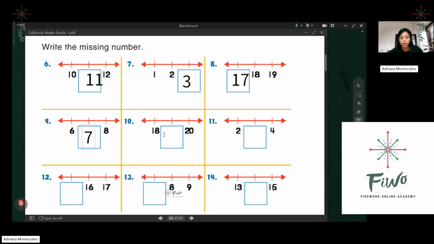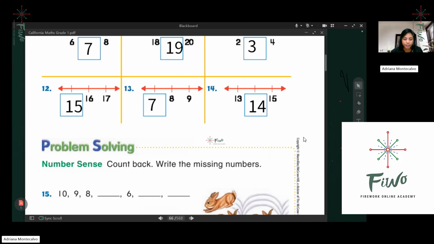How about this one? 19. This one. 3. This one. 15. And then this one. 7. And then the last one is 14. Okay. Too easy, Kong.